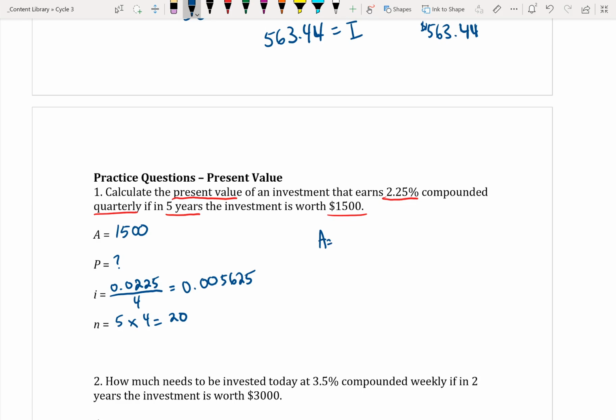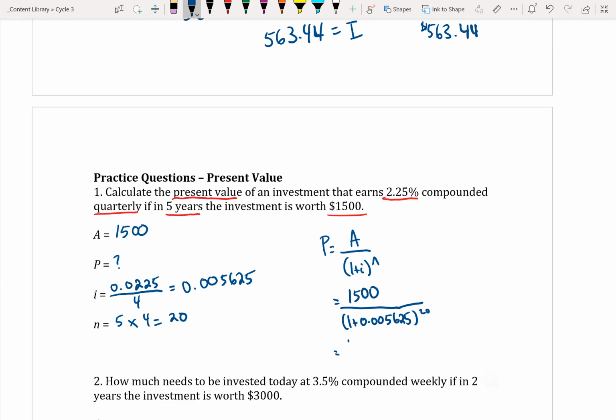I'm going to use my formula. Not that one, sorry, I was thinking of the compound interest formula. The present value, P equals A divided by 1 plus I to the power of n. P is 1,500 divided by 1 plus 0.005625 to the power of 20.